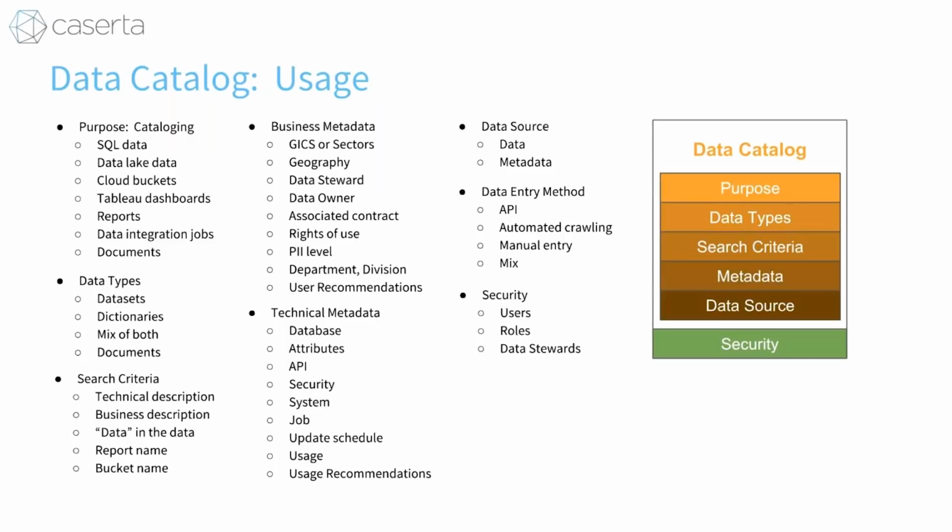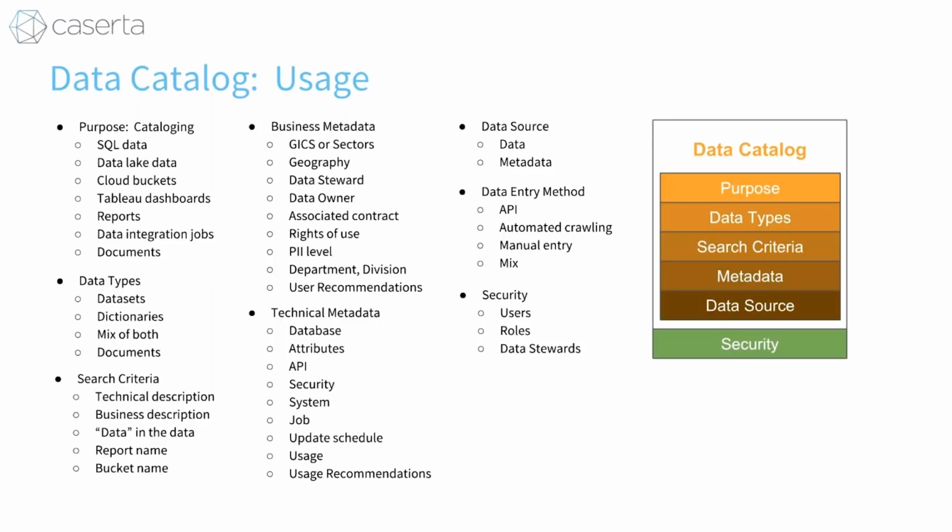As you look here on the right-hand side at some of the generalizations about what a catalog is, its purpose, the data type, search criteria, and associated metadata would need to be organized and associated with the source of your physical data. While that is generic, within your company it's pretty specific.